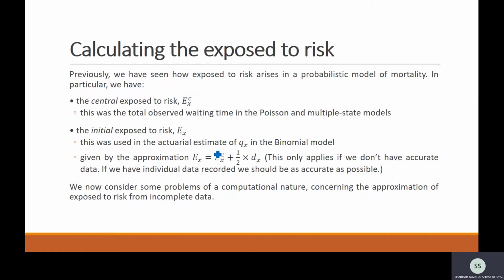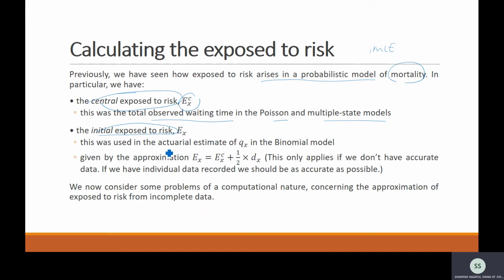So we have seen how exposed to risk arises in probabilistic models of mortality, for example in maximum likelihood estimation. In particular, we have the central exposed to risk, denoted by E_x^c. This was the total observed waiting time in the Poisson and multiple state models. The second is the initial exposed to risk, denoted by E_x.